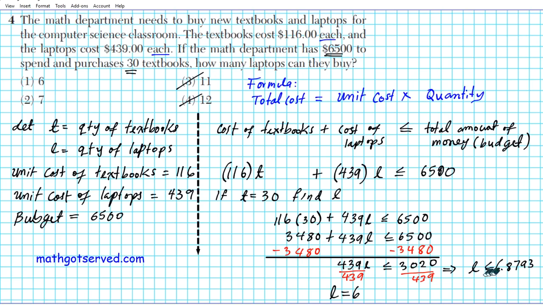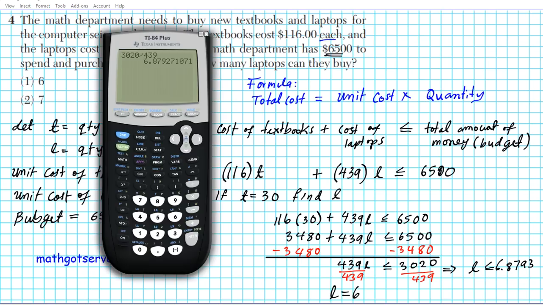This answer is telling us that we have enough money for 6 laptops, and then you have some money left, 0.8, but it's not enough money for the additional one to make 7. So when solving inequalities involving budgets, you always want to round down.